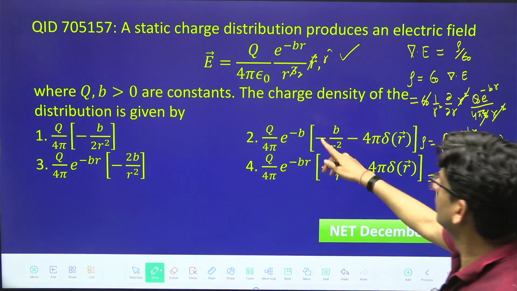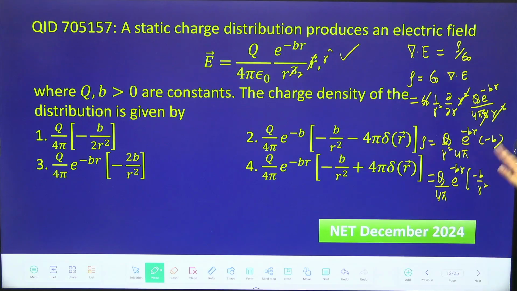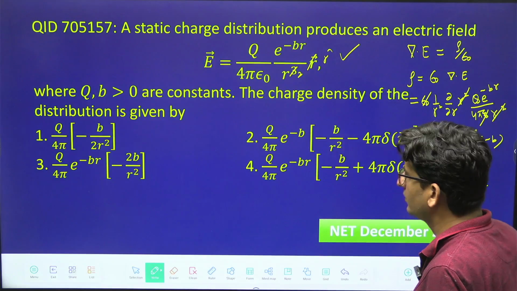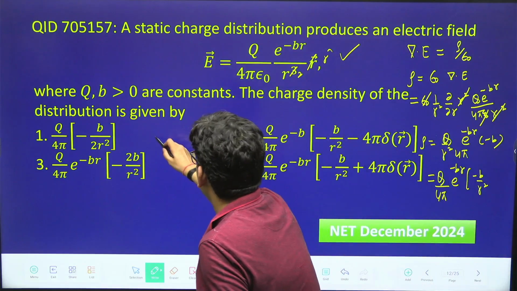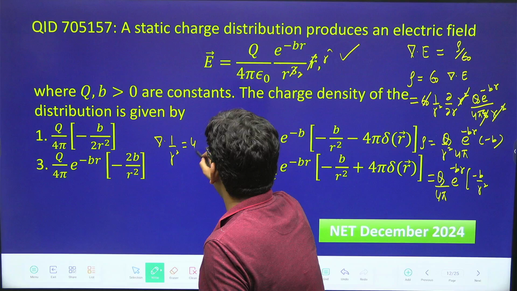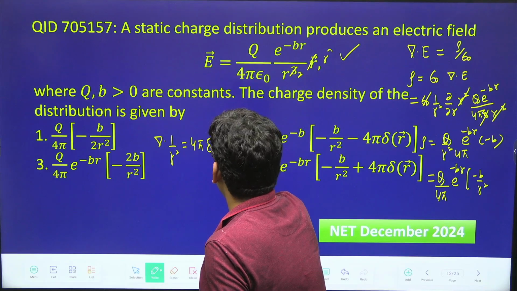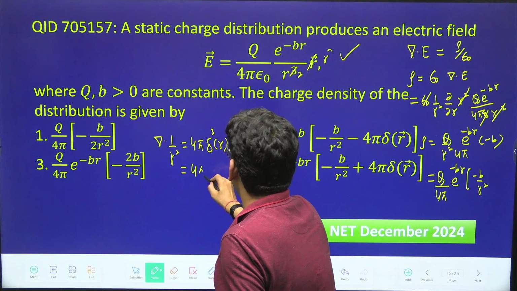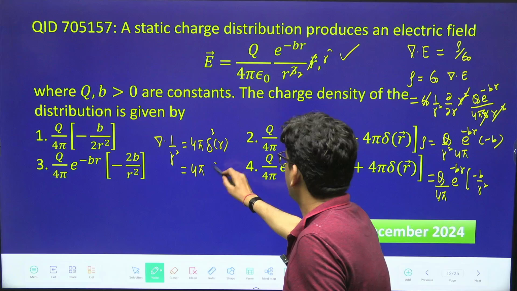Okay, so in this case I am also taking care of what will happen when r is equal to 0. What will be its divergence when r is equal to 0? So you know this, that divergence of 1 by r square, this becomes 4 pi del cube r, or sometimes we just write it as 4 pi Dirac delta r.